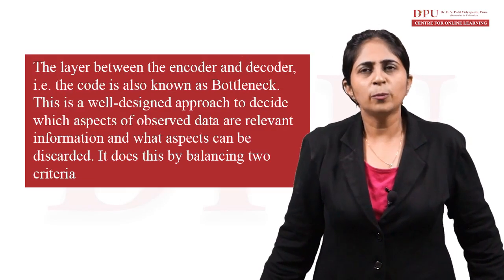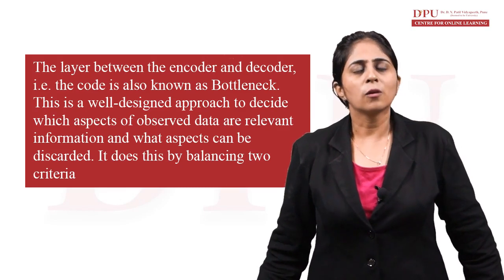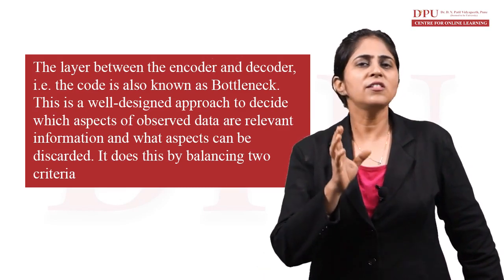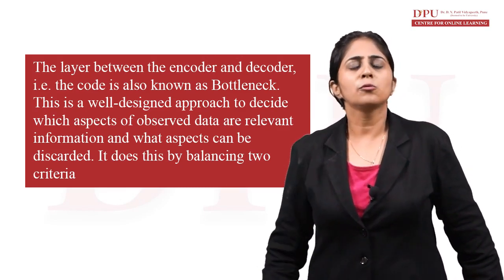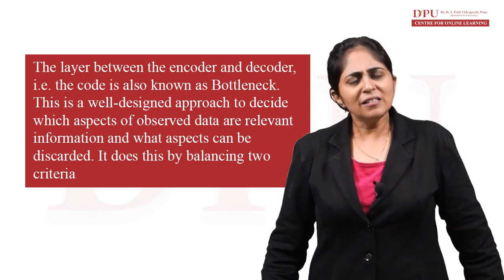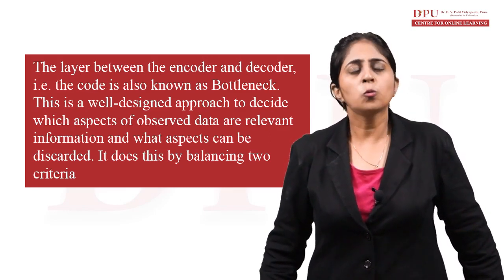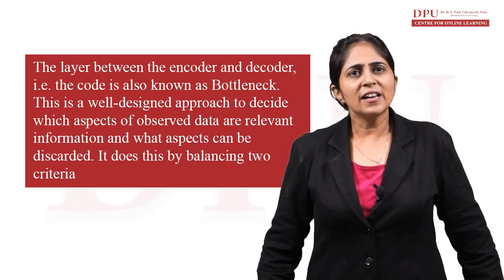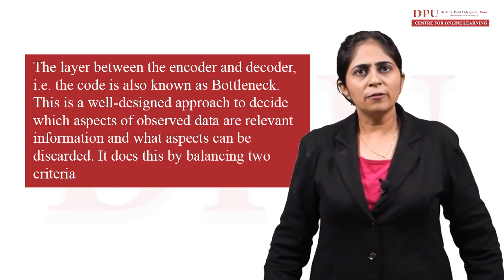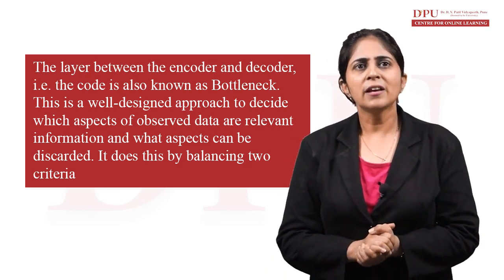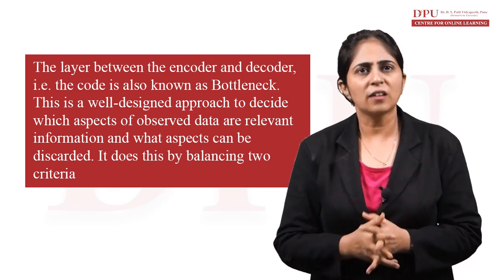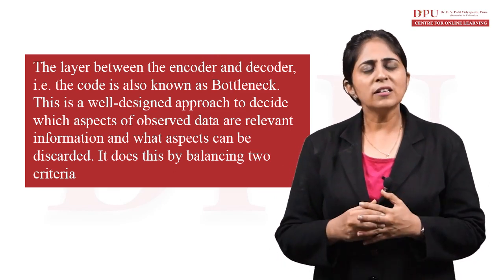The layer between the encoder and the decoder, which we have just seen, that is the code, is also known as a bottleneck. This is a well-designed approach to decide which aspects of the observed data are relevant information and which aspects can be discarded. So how does it do this?